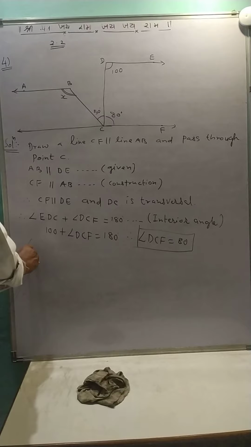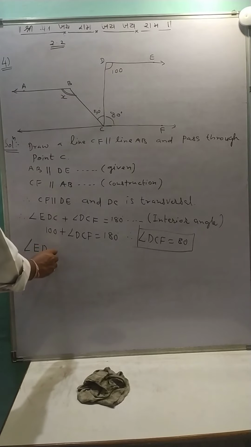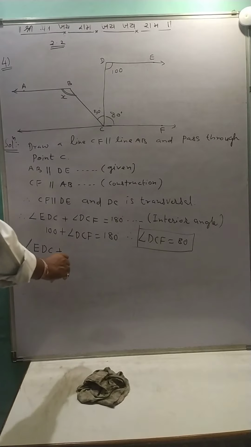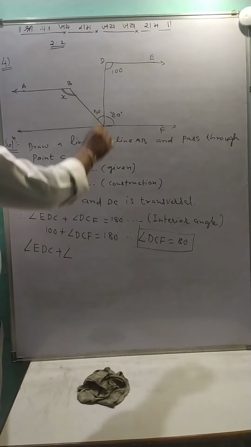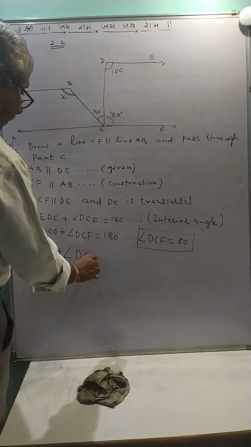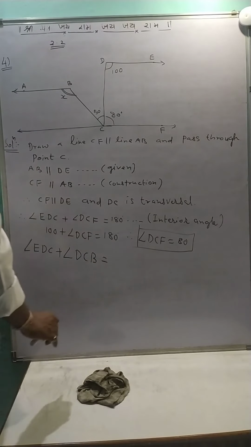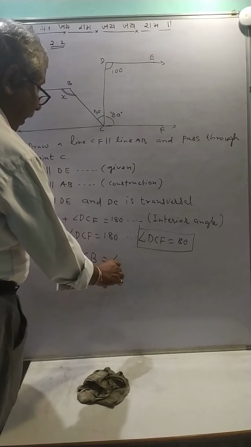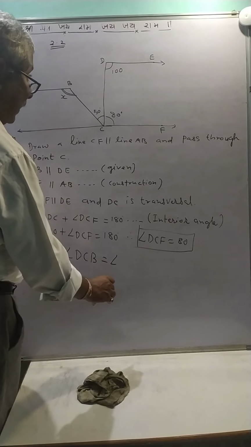Now angle DCF plus angle DCB is equal to angle BCF.